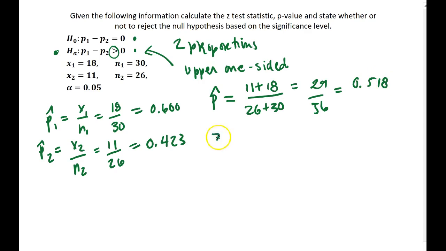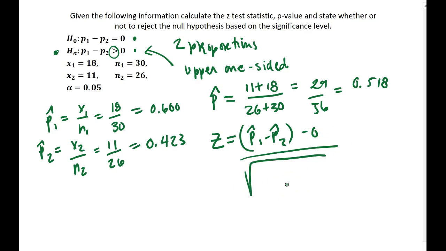All right, so if we want to calculate the z-test statistic, this is equal to p hat 1 minus p hat 2 minus 0, that's our claim value, divided by the square root of the standard error of our statistic, which in this case is p hat times 1 minus p hat, times 1 over n1 plus 1 over n2.